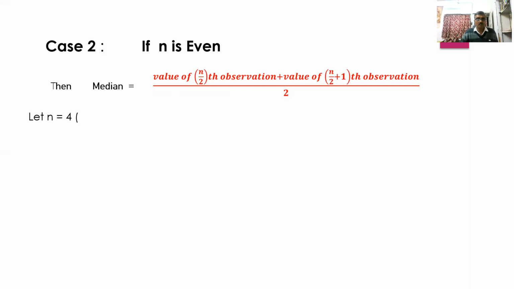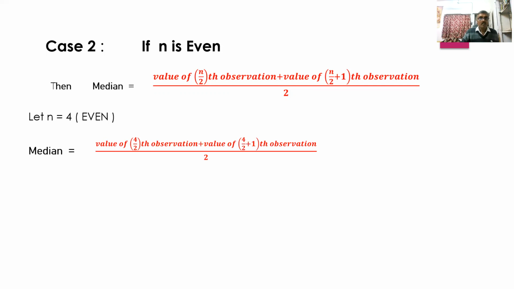Let us take an example. N is equal to 4. That is even. The number of observations is even. Then median is the value of 4 by 2, मतलब second term observation, and plus the value of the (4 by 2 plus 1)th observation. ठीक है? इन दोनों के कौन से आ जाएगा बेटा?